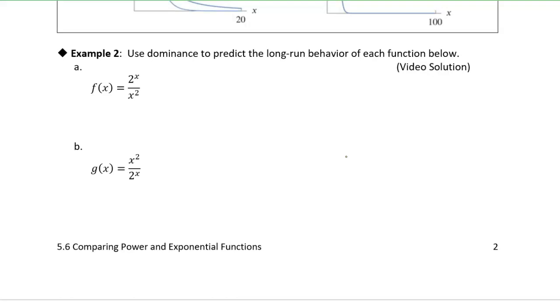Let's take a look at this first one. Remember with long run behavior, we have to look at what happens as x goes to infinity and what happens as x goes to minus infinity. So in the first case, we've got 2 to the x over x squared.